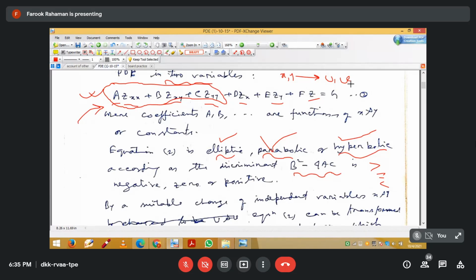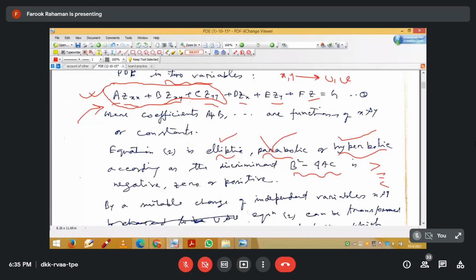I will talk about it later. But if we just transform this, then one can find this complicated form transformed to a very simpler form. Now, what are those transformation functions and how can we find the transformed form? I will discuss it one by one.